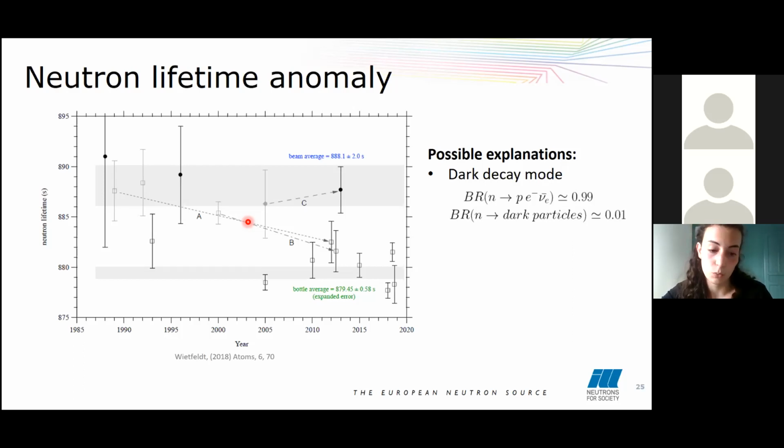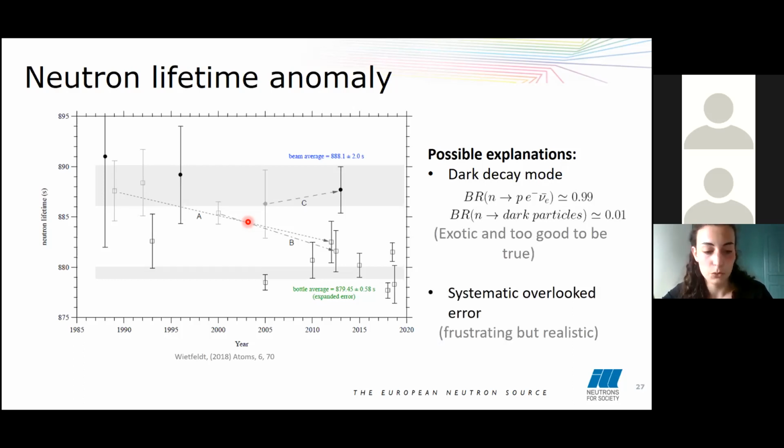And this is one hypothetical solution. The second one is the boring solution, which is trying to provide an analysis of an additional systematic error which was overlooked.